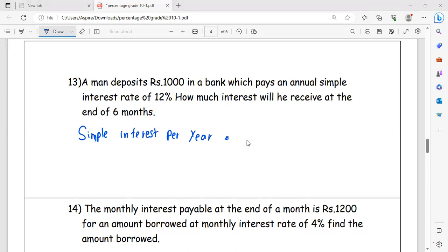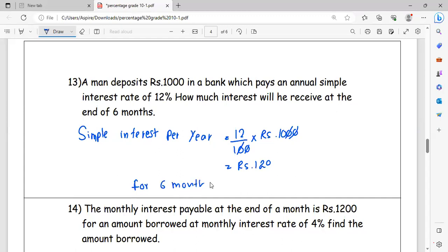That means 12 upon 100 into the amount he deposited. Then zeros are cancelled like this. Then the answer is 120. Then for 6 months, you have to divide this by 2.